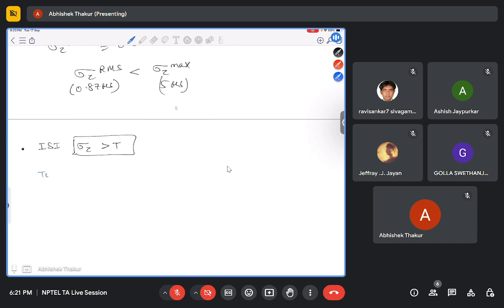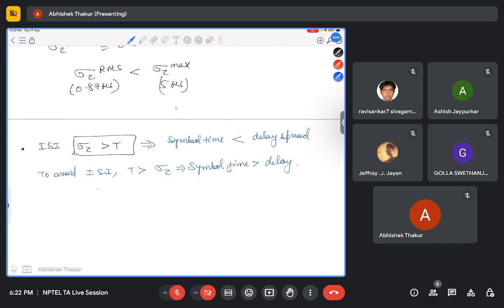To avoid ISI, the time spread of the symbol should be greater than the delay spread. So this implies that if symbol time is less than the delay spread, then there is ISI, and when the symbol time is greater than delay spread, then there is no ISI.